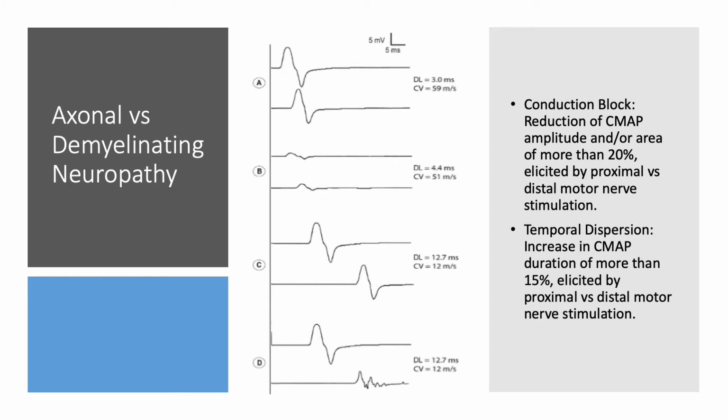And so, Dr. Khanna, tell us more about what else we need to know about axonal versus demyelinating neuropathy, or some of the important points that we need to recap here. Sure, Dr. Singhal. Let's summarize what we already saw.